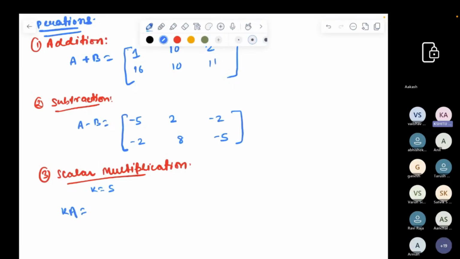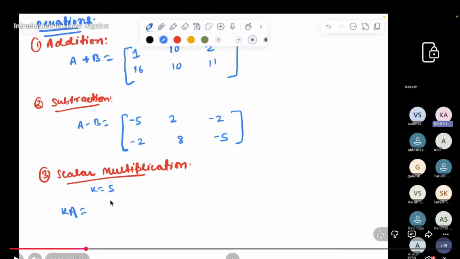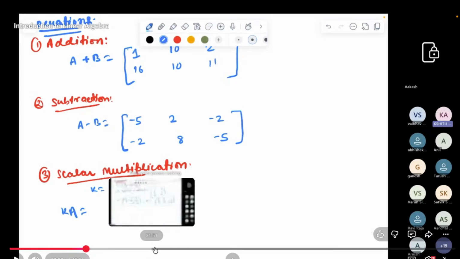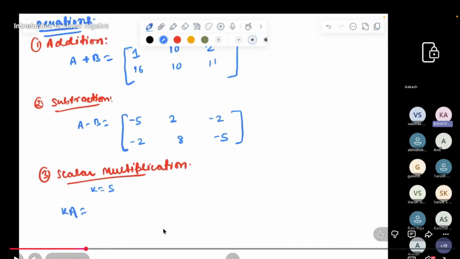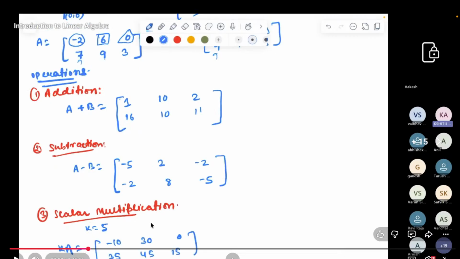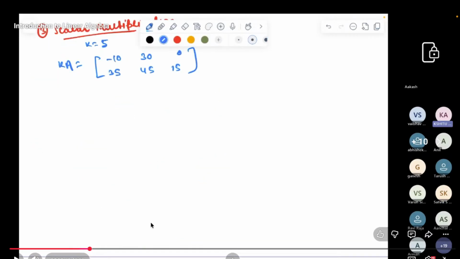The original matrix was -2, 6, 0, 7, 9, 3. So -10, 30, 0, 35, 45, 15. That should be the answer here.